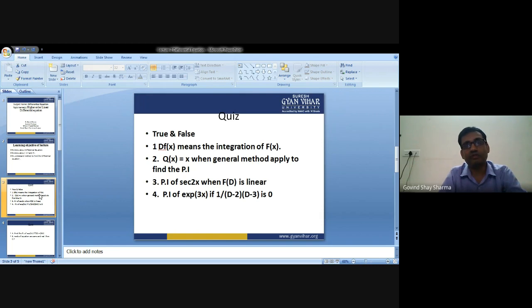PI of sin x when f(D) is linear. What is the meaning of linear? Let me show you one thing.